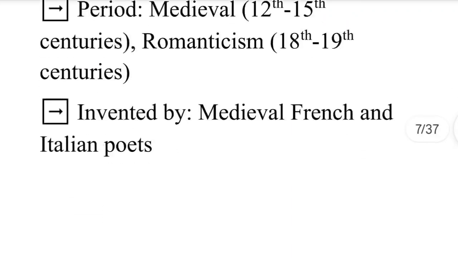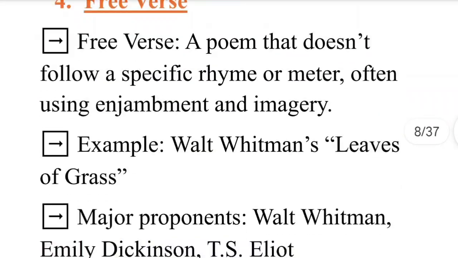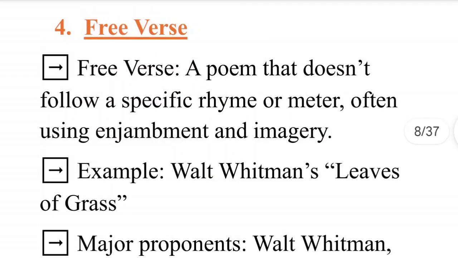And the next type, that is free verse. Free verse, a poem that doesn't follow a specific rhyme or meter, often using enjambment and imagery. Yes, here free verse is a poem which doesn't follow any rules, which is out of rules. That's why it is called free verse, which is written in a freestyle without using any rhyme scheme.